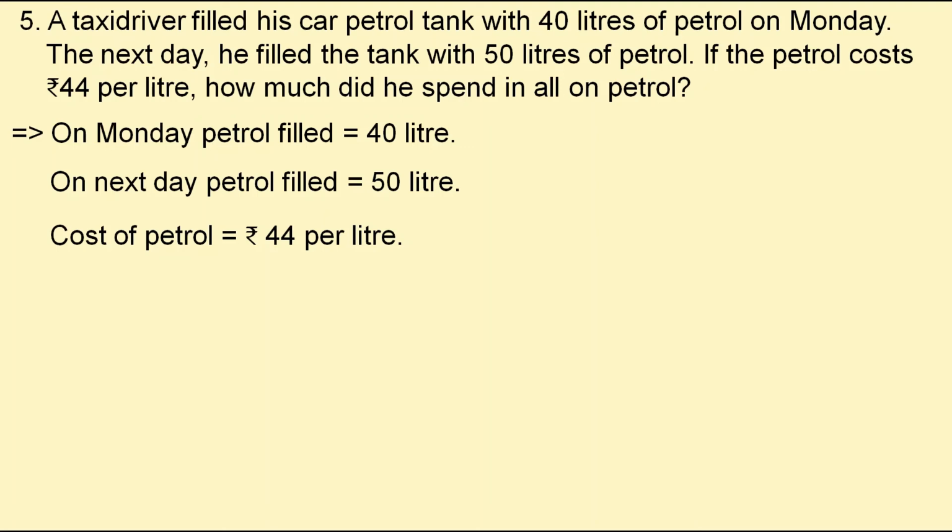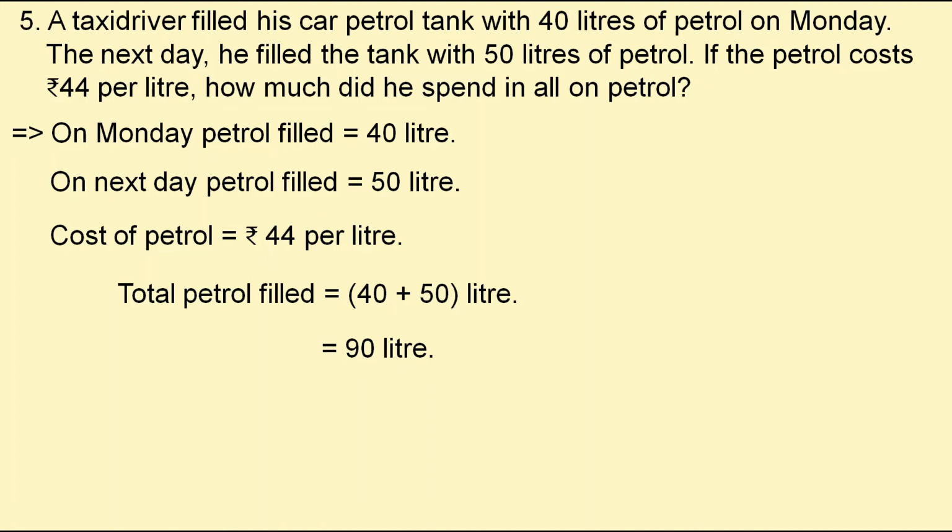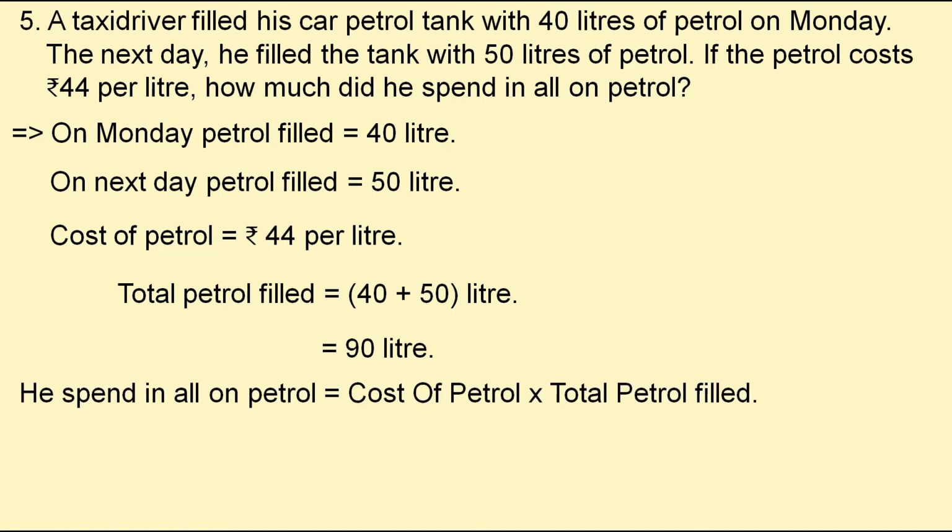So first we will find out the total petrol filled, which is equal to 40 plus 50 liter, which is equal to 90 liter. Now to find the money spent by the taxi driver to fill petrol, we have to multiply total petrol filled into cost of petrol. Okay, so the cost of petrol is 44 and total petrol filled is 90.